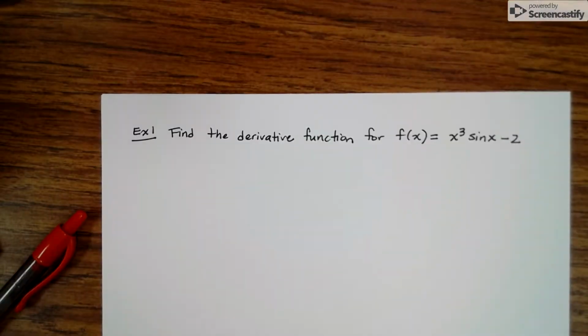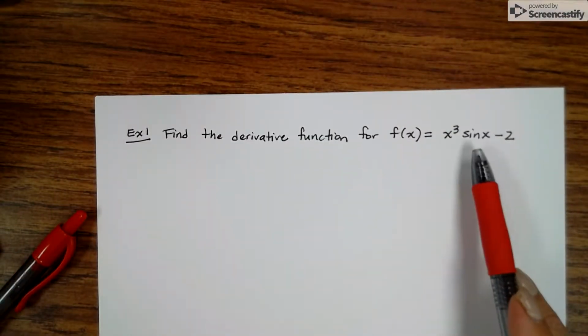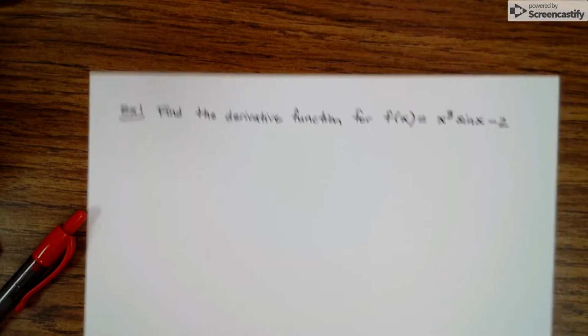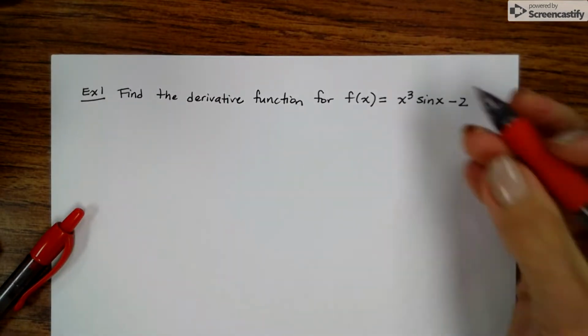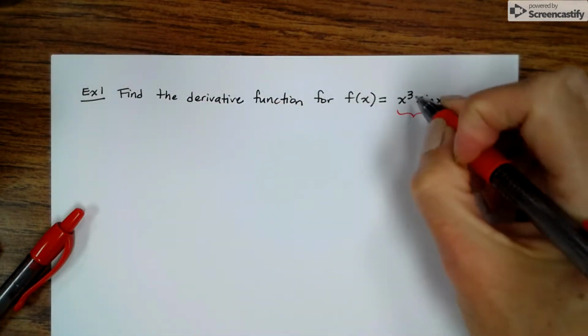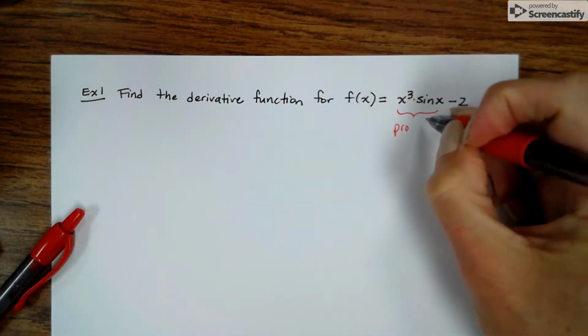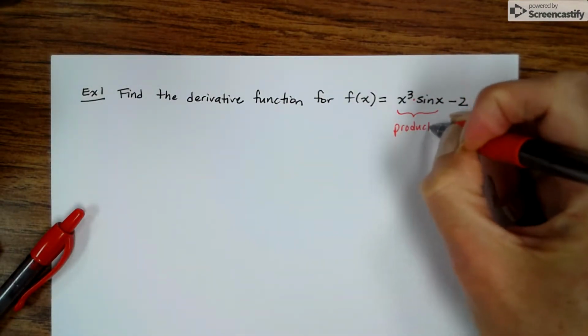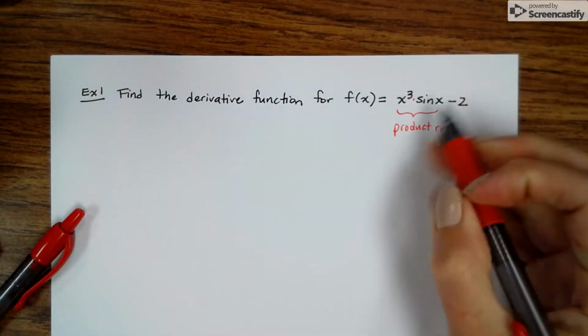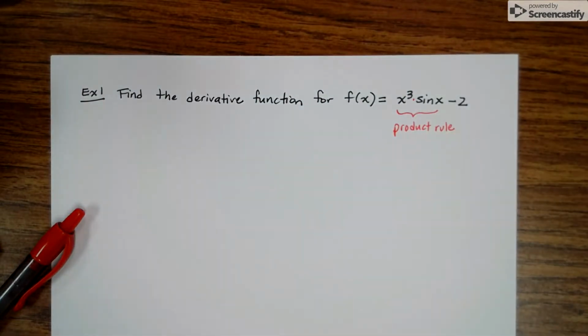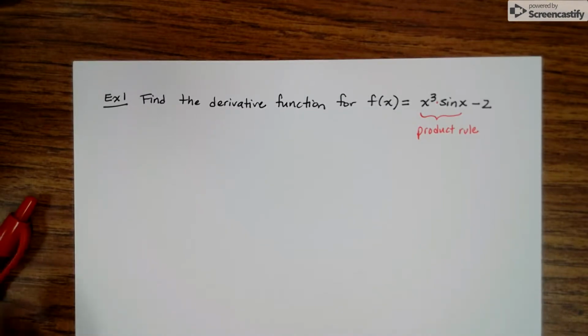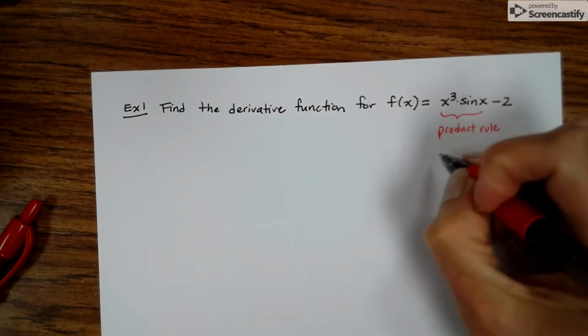All right, here's example 1. Find the derivative for the function f of x equals x cubed times sine x minus 2. Here, I notice that I have a product of functions, so I have to use the product rule when I take the derivative of this term in that function.